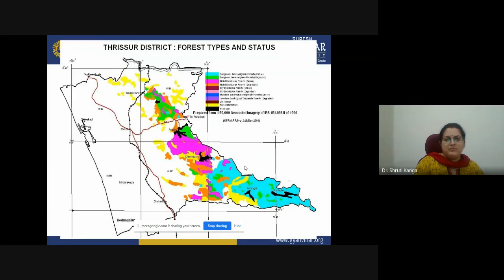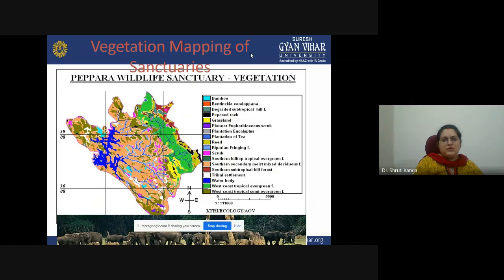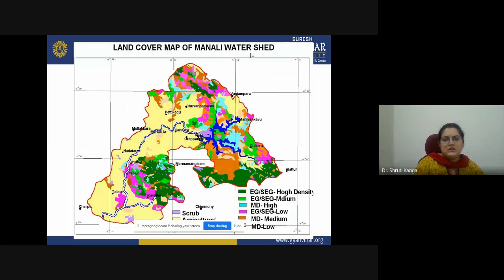Now this is a forest type status in some other part of the same state. This is the land use, land cover map of the watershed map of the Manali watershed of the area. So we can also go for watershed delineation and the different land use, land cover classifications in that particular area.